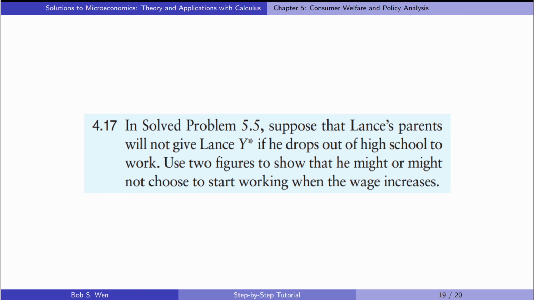Let's solve exercise 4.17. In solved problem 5.5, suppose that his parents will not give him Y star if he drops out of high school to work. Use two figures to show that he might or might not choose to start working when the wage increases.